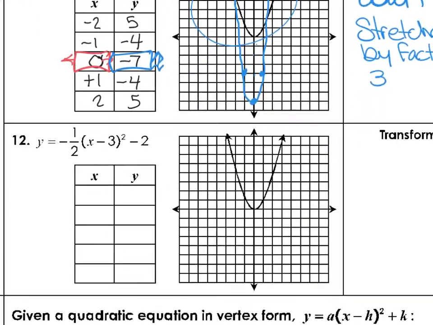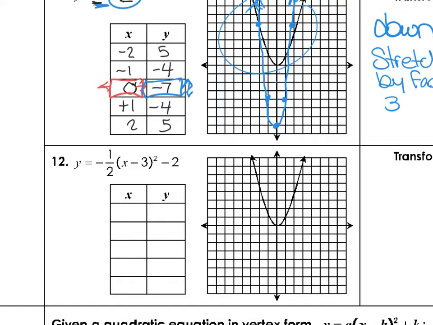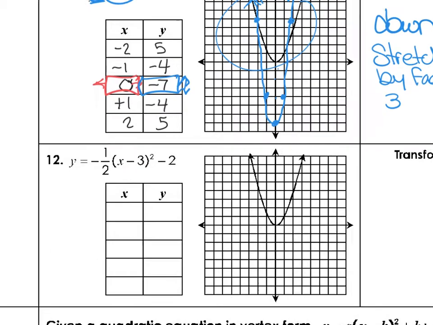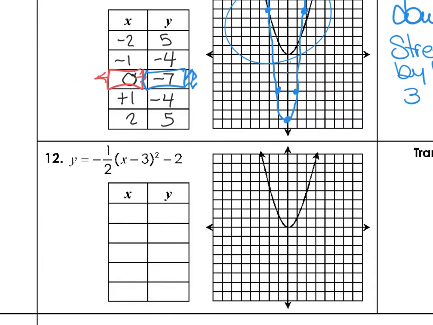All right, let's look at this one. Now this one, A is negative, so we know our graph's going to be going down, but it's a fraction. So I guarantee you it's going to do something else instead of stretching. My x coordinate's going to be the opposite of this, so 3.